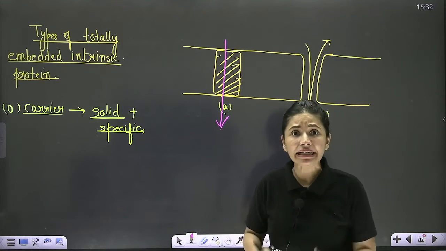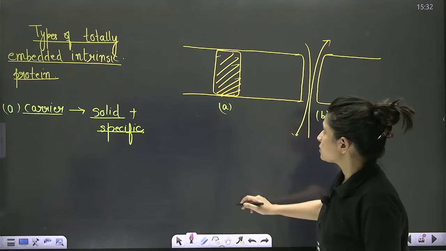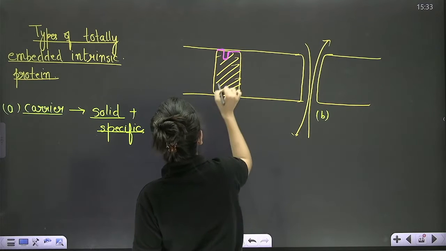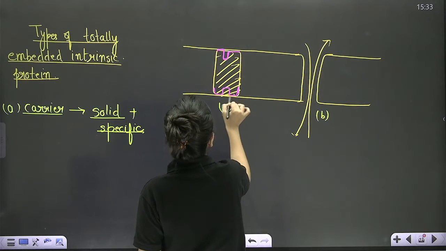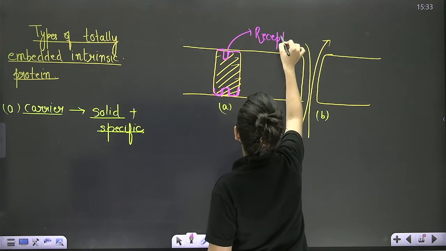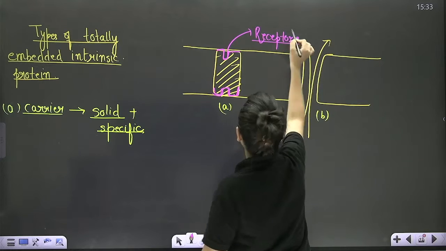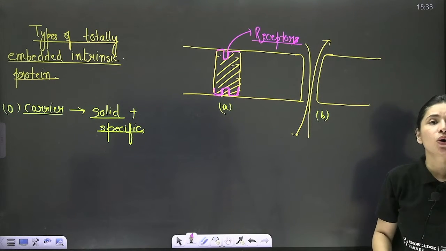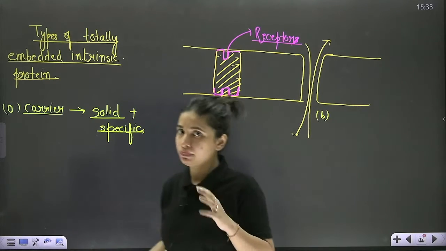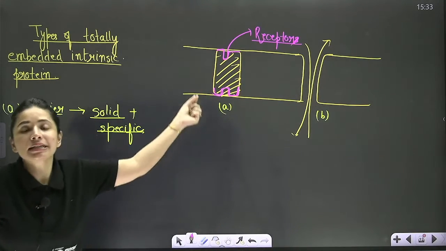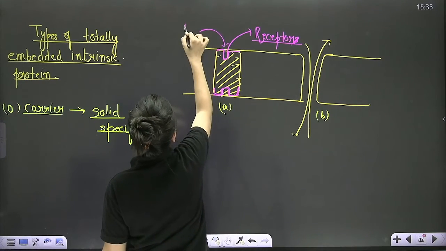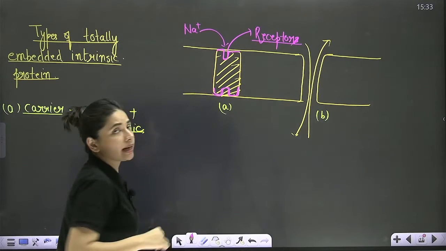Then how are the materials going to pass through it? So beta, basically these proteins have some specific binding sites called receptors, right? They have some binding sites called receptors which are specific to specific molecules. For example, this receptor has the capacity to bind with maybe sodium ion.